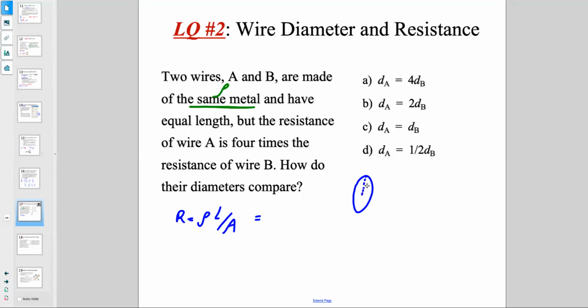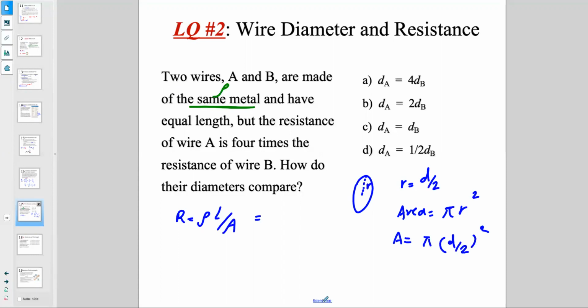If this is r, r is D over 2, or diameter over 2. And then the area is pi r squared, or the area is pi (D over 2) squared.